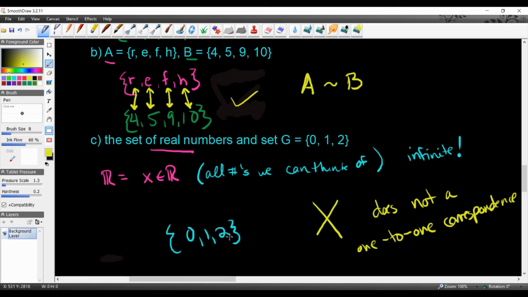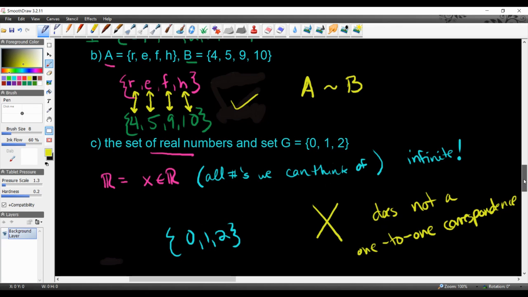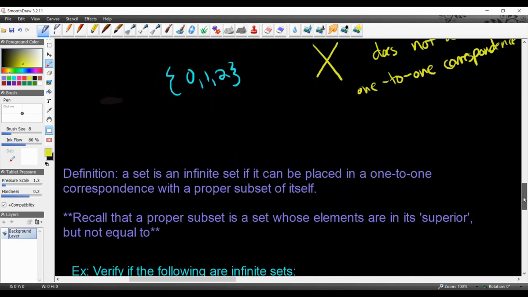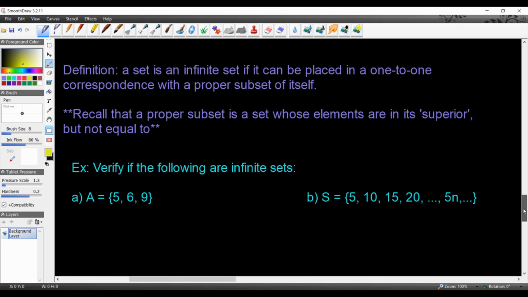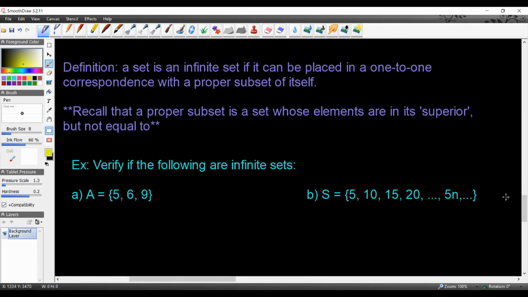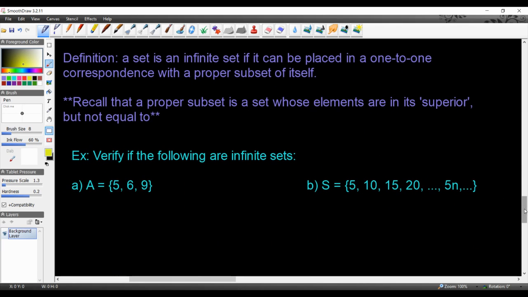Which is going to bring us to our next little topic here. A set is an infinite set if it can be placed in a one-to-one correspondence with a proper subset of itself. So this kind of goes into what I just told you. If we have a set of numbers that is infinite, okay, we can take out subsets of it.